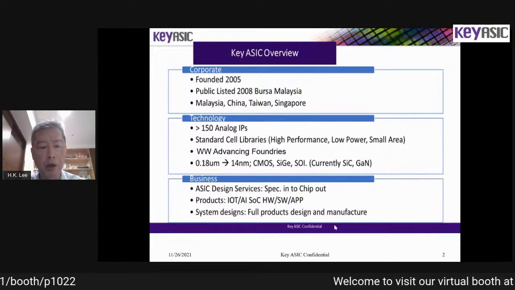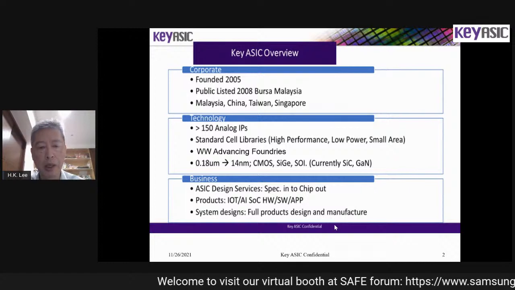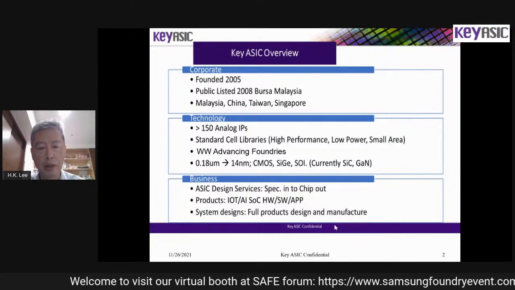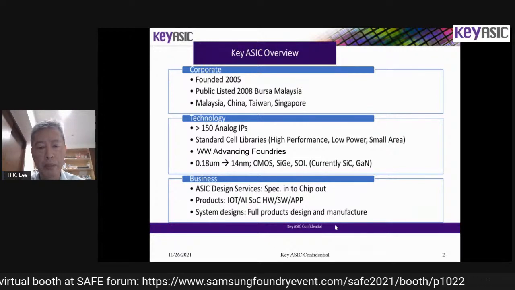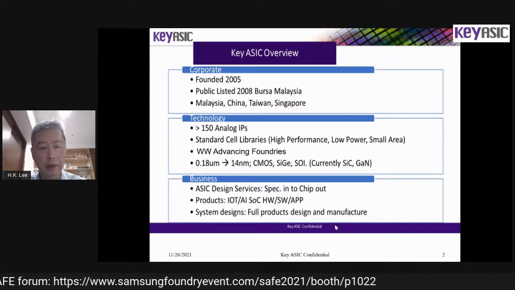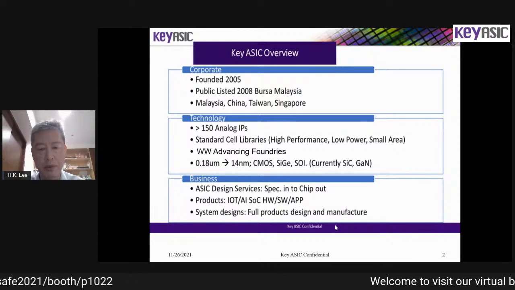And we have our own products to serve customers with IoT and AI SoC chips. These chips also include hardware, software, and app design. System design-wise, we can do a full product design and manufacture for our customers.